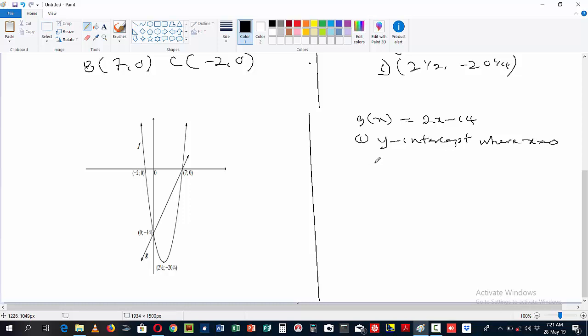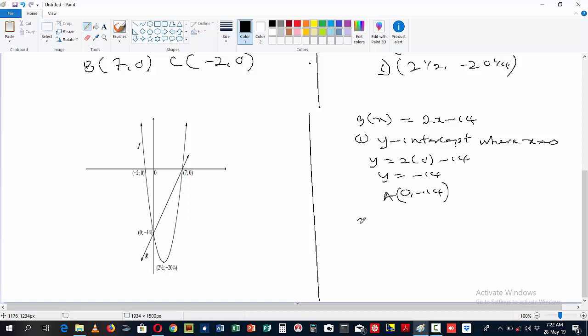Now we are going to have y equal to 2 into 0 minus 14. y is equal to minus 14. So we can write it in form of coordinates as well, which is x equal to 0, y equal to minus 14. We have this one before, which is labeled as coordinate A. Let us make it coordinate A as well.